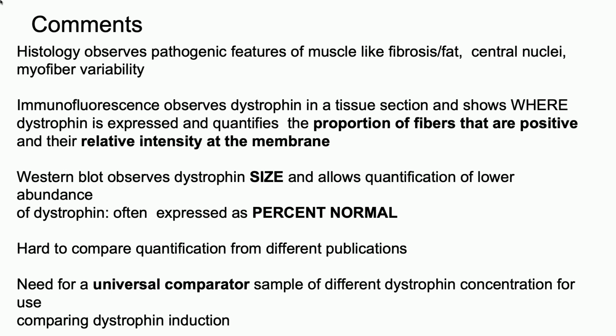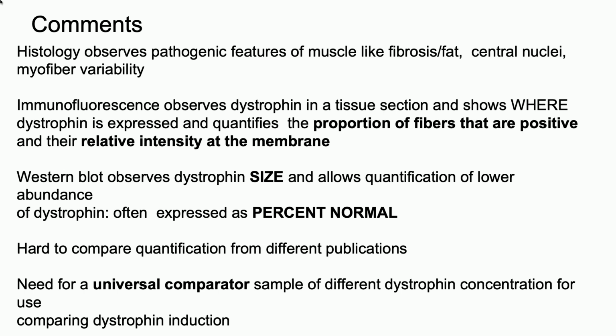The other comment that I might make is that it's actually quite difficult to compare study 1 from study 2 from study 3, partly because of the differences in methods, where you're setting the gain, sort of how carefully you're looking for the dystrophin, whether you're looking for 0 to 0.5 or 1% versus you're looking for moving from 1% to 10%.